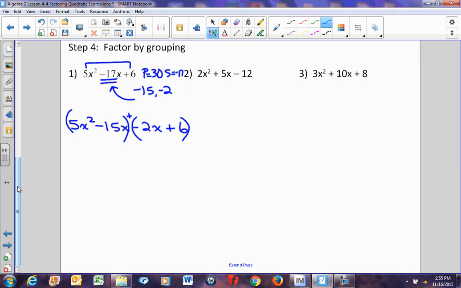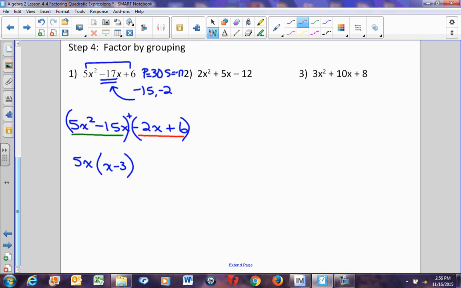So I'm going to look for a greatest common factor of just my first two terms. The largest number and variable that can come out of 5x squared minus 15x is a 5x. If I take out a 5x out of that first parenthesis, I'm left with x minus 3. In the second parenthesis, I'm looking for the greatest common factor out of negative 2x plus 6. Remember what I said, if my first term is negative, I'd like to take out a negative to eliminate the leading coefficient being negative.